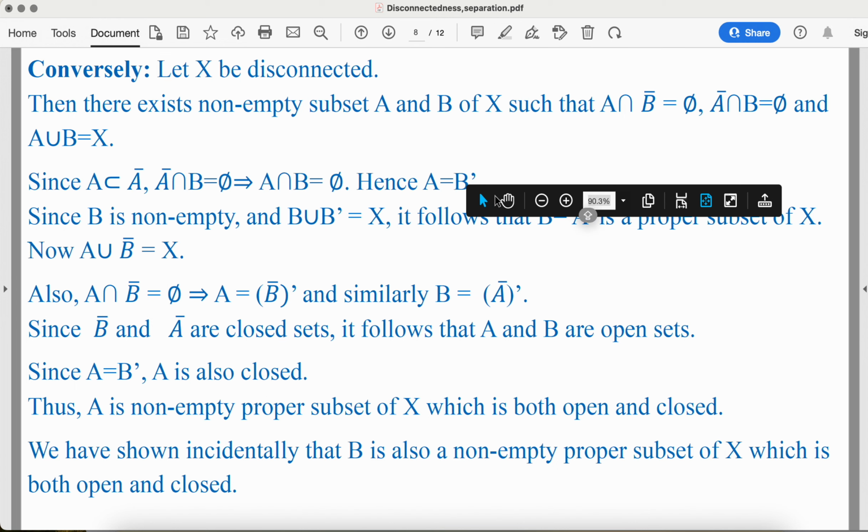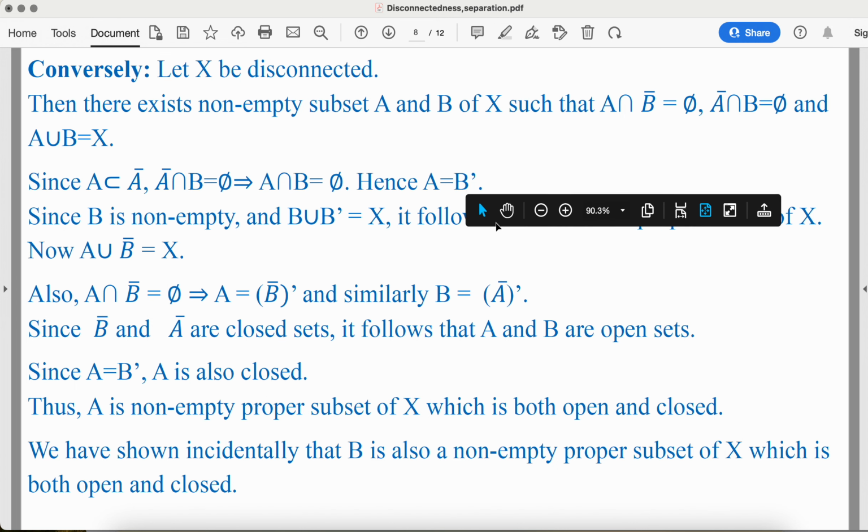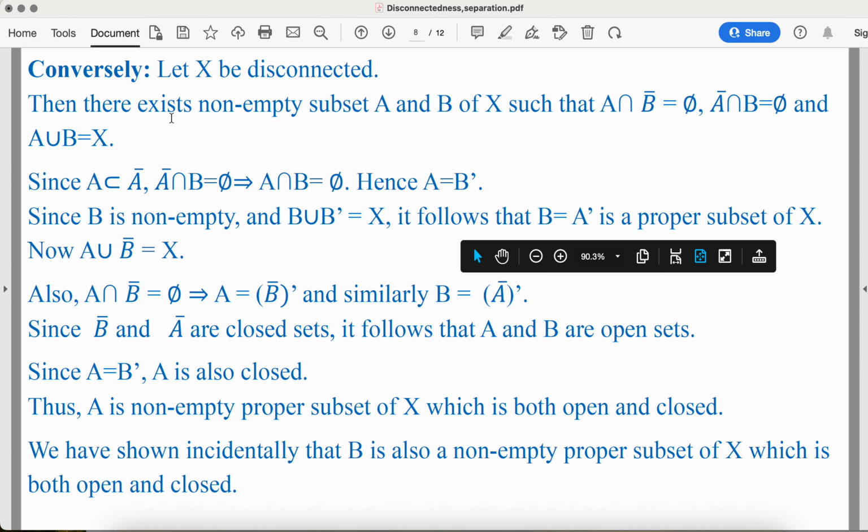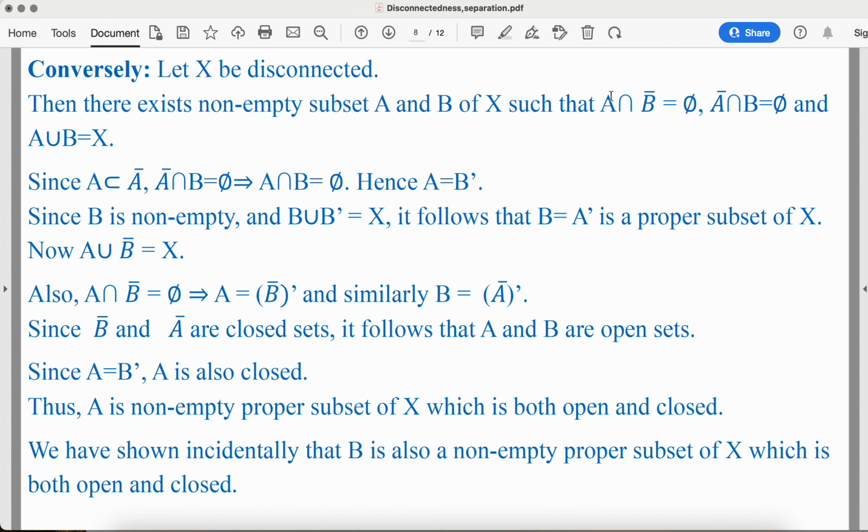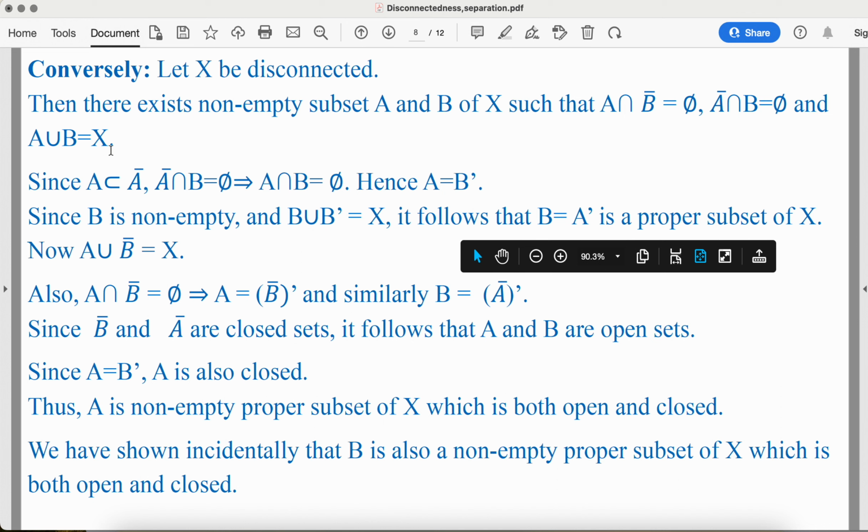So by the definition of disconnectedness, there exist non-empty subsets A and B of X such that A ∩ B bar is equal to phi and A bar ∩ B is equal to phi, where A bar is the closure of A, B bar is the closure of B, and A ∪ B is equal to X. Because A is always a subset of its closure and A bar ∩ B is equal to phi, this implies A ∩ B is equal to phi.